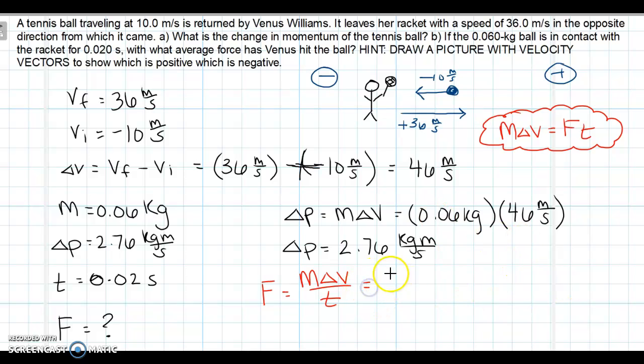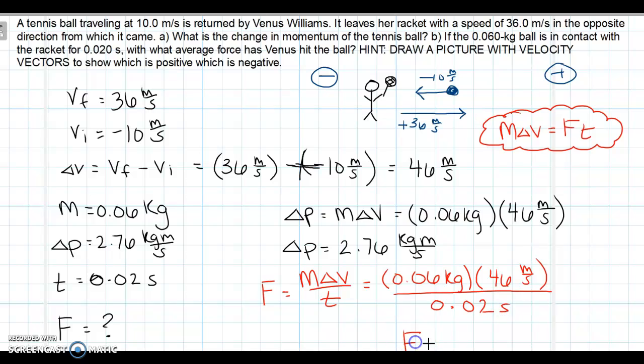So now all we have to do is plug in our mass of 0.06 kilograms times our change in velocity, 46 meters per second, and divide by our time. The time that it took to hit the racket was 0.02 seconds.